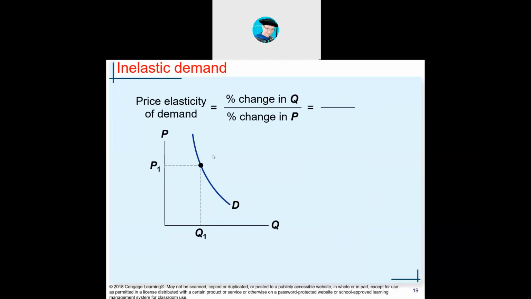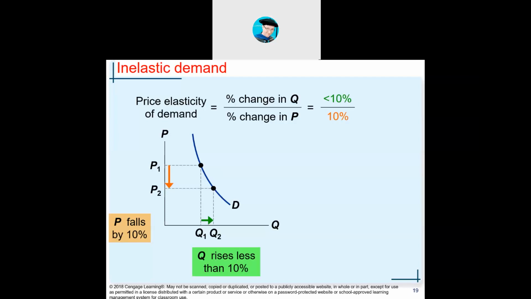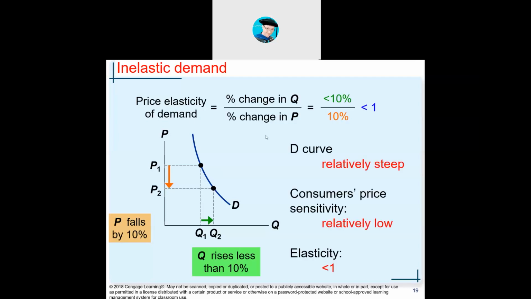If the demand curve is downward sloping to the right sharply, we would consider that inelastic demand. Now remember, inelastic means the elasticity is less than 1. That means the consumer price sensitivity is relatively low.